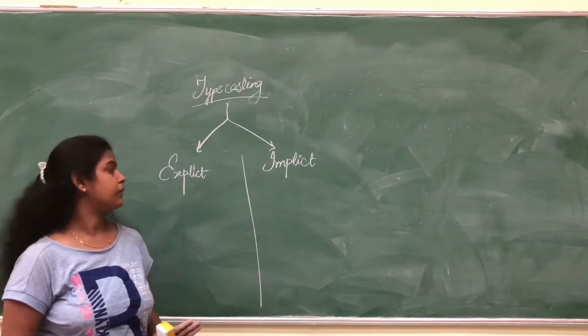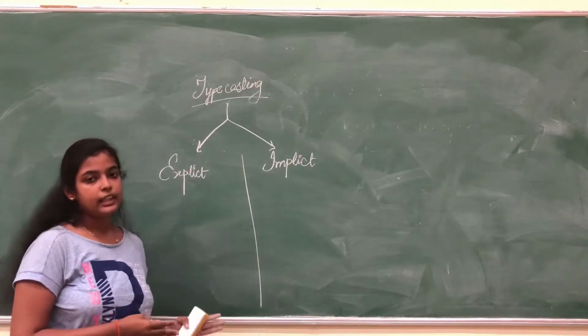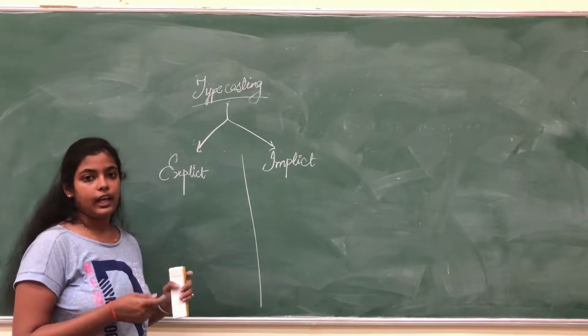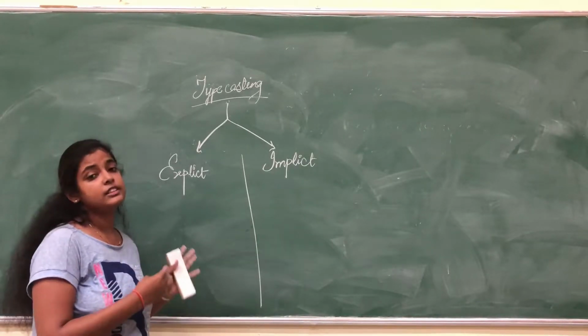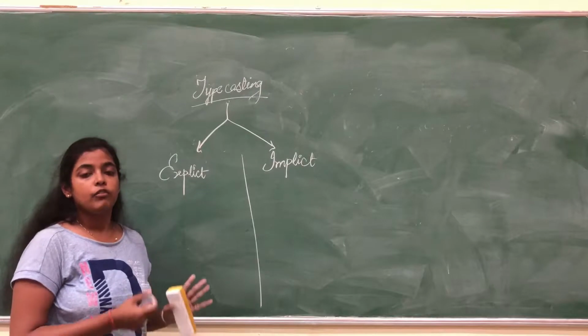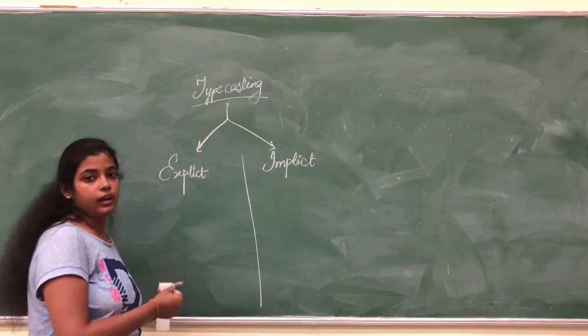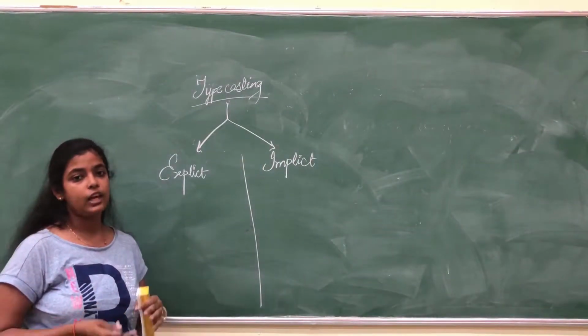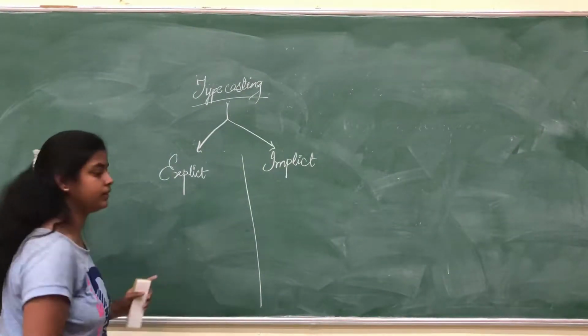What is explicit typecasting? Explicit typecasting is when the user is defining the data type which he or she wants in the output. For the sake of simplicity, let's take an example.